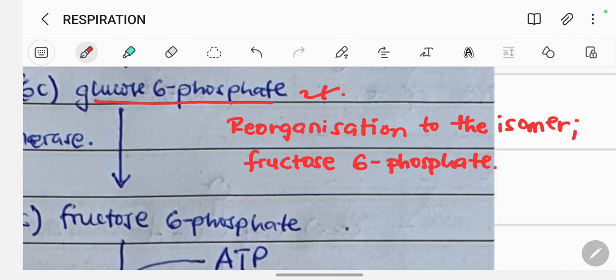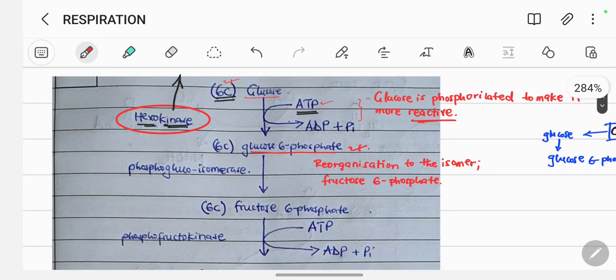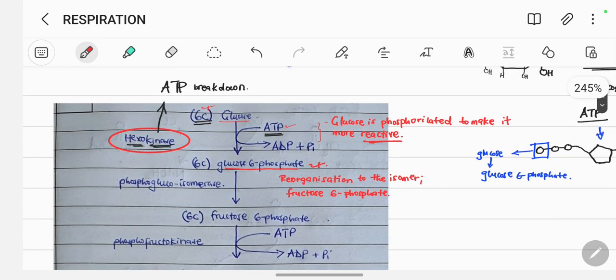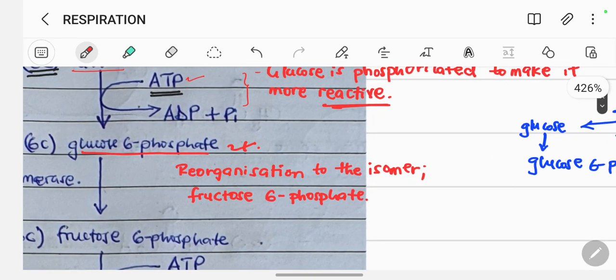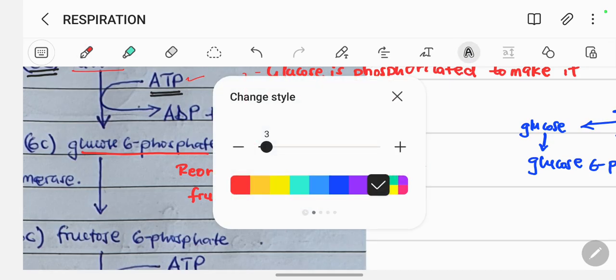Now, after that reorganization, I don't know whether this red color is going to be clear. Let me turn it to black.